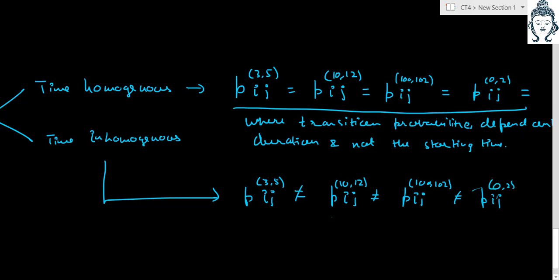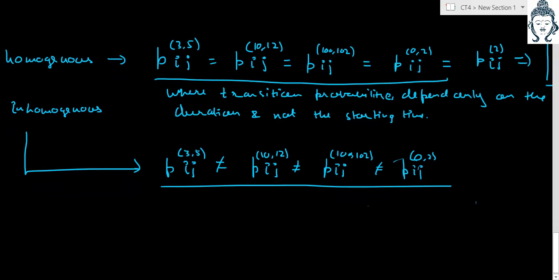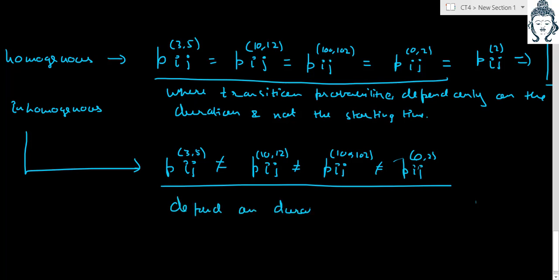These will not be equal because the transition probability also depends upon the time when you start. So over time the probabilities change. So I can write it as a chain where transition probabilities depend on duration as well as starting time.